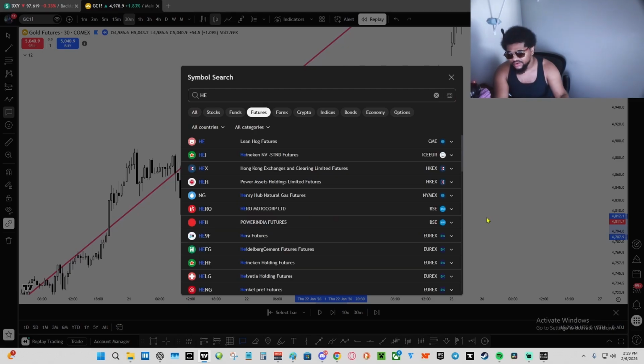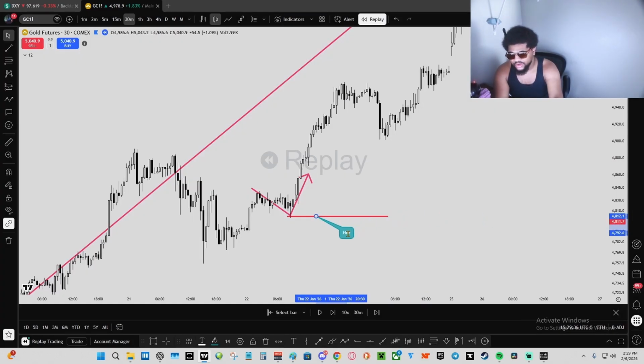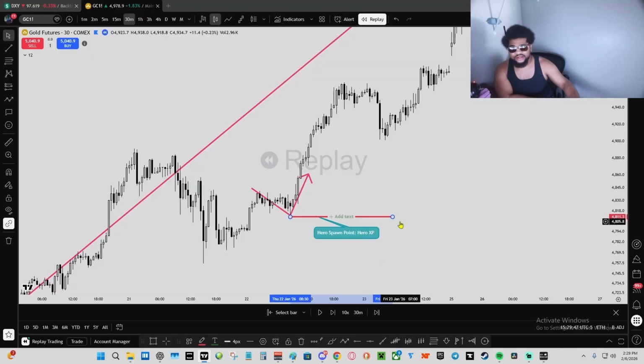So this is a hero spawn point, aka they have inserted hero XP into the game. Anytime a spawn point exists, you must understand that in order for a hero or a villain to even set up that spawn point in the first place, they had to first insert their XP, okay?